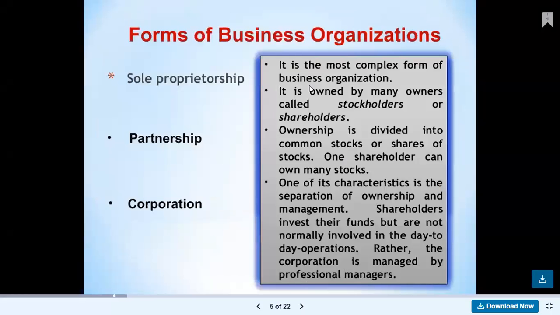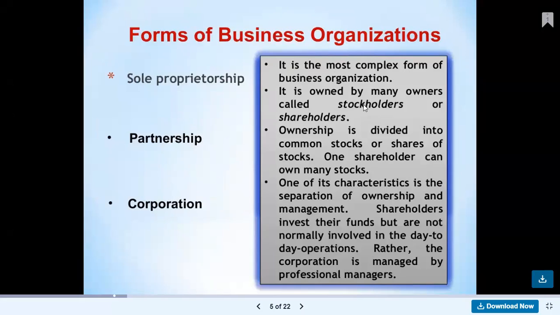So, forms of business organization. Among these three, sole proprietorship, partnership, corporation, which is the form of business organization that is commonly described in the box? It is the most complex form of business organization.